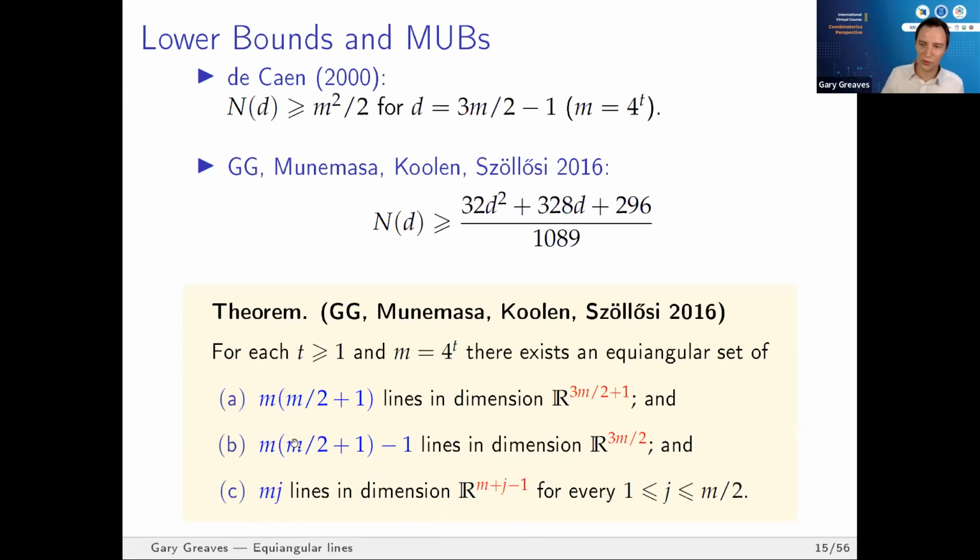So it's just a way to construct equiangular lines given mutually unbiased spaces. It's not really important to remember these numbers in general. I'll give you the general idea how this works.